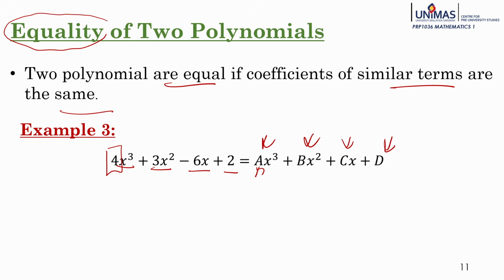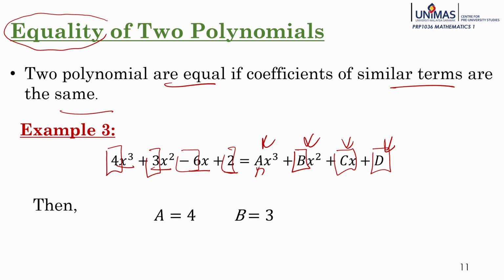That means the answer is 4. B here must be the same as here, that means 3. And C must be the same as negative 6. And the last one, D, is the same as 2. So the answer is A is equal to 4, B is 3, C is negative 6, and D is 2.